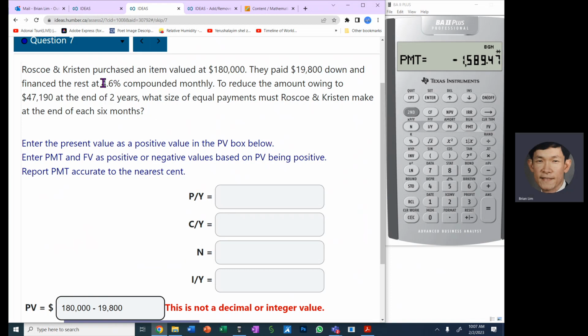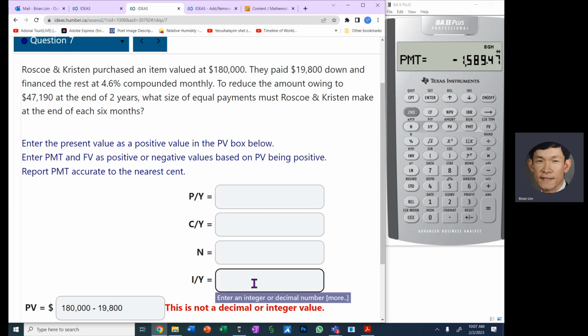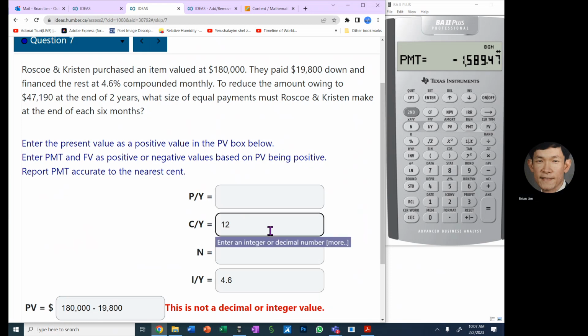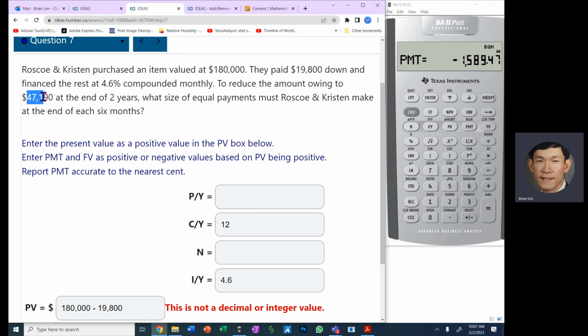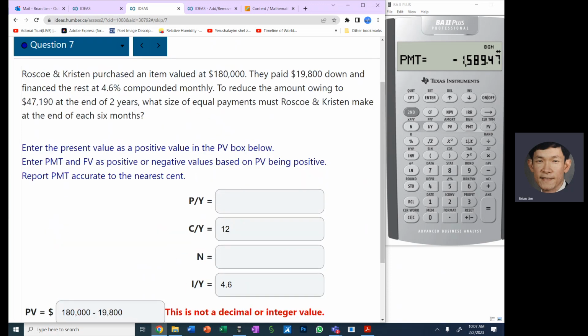All right, and then what else is there? Well, it's financed at 4.6%. There's the interest rate that we can paste into IY, and it's compounded monthly, so that tells us what? Well, CY is 12. Okay, so to reduce the amount owing to $47,190, so that is in the future, so let's put that number in there.